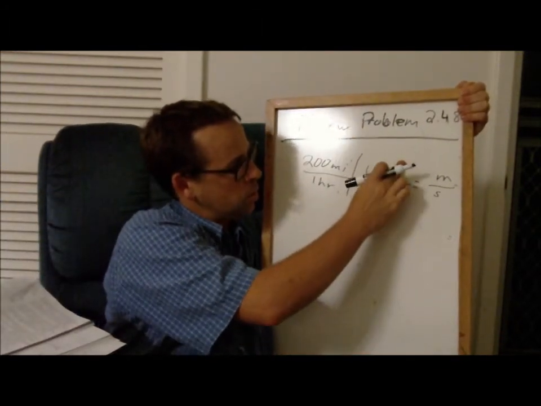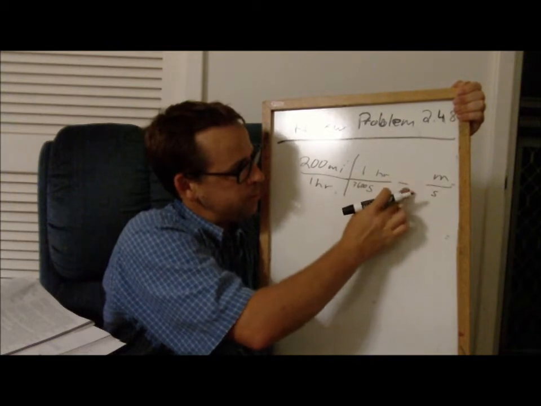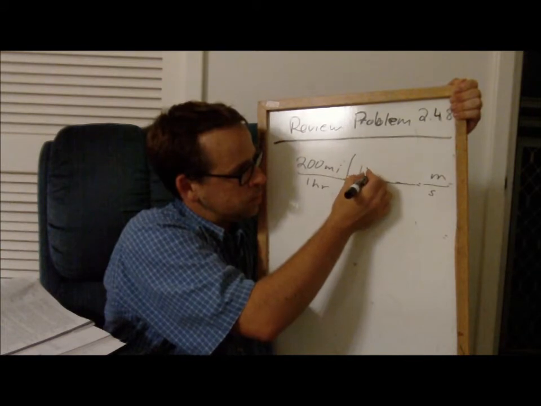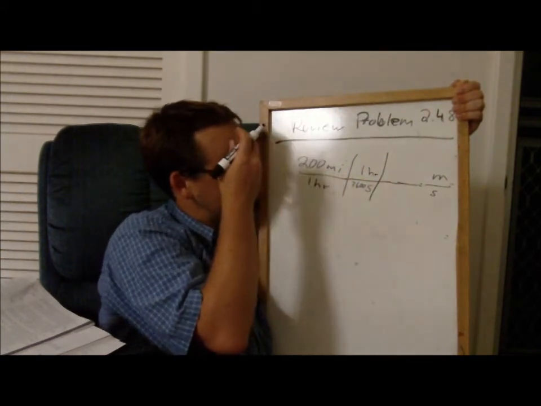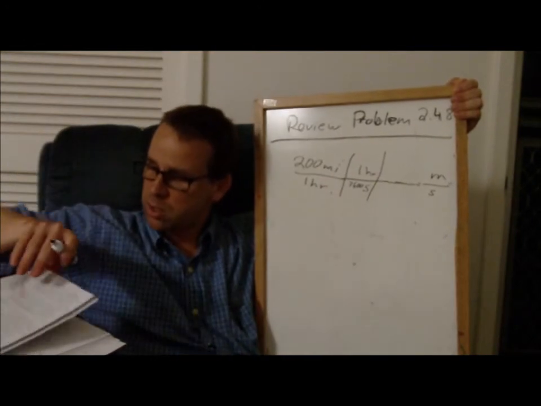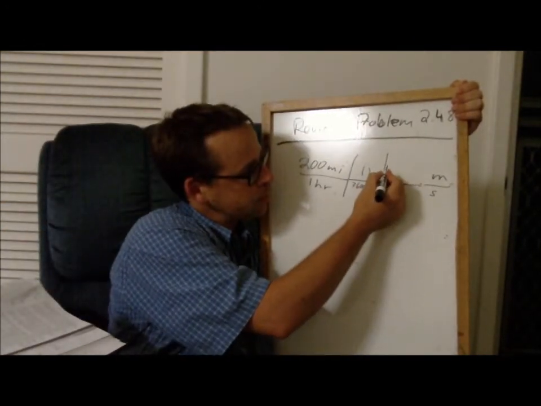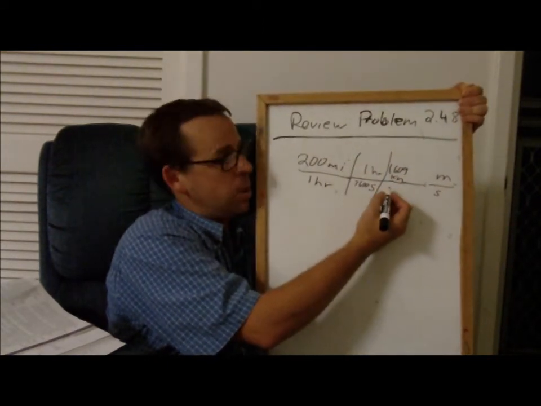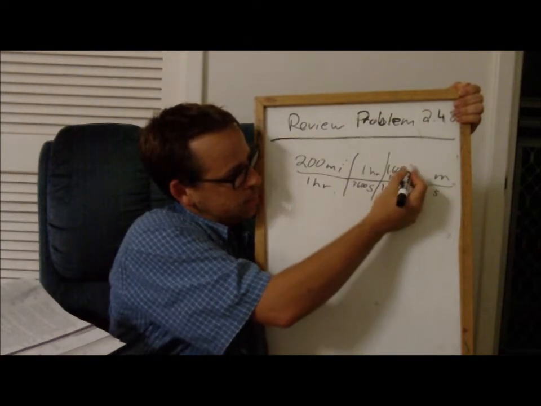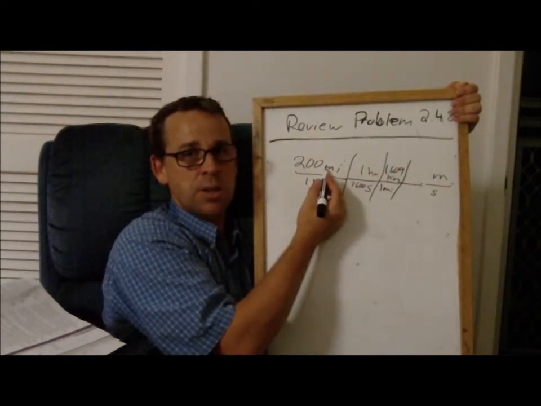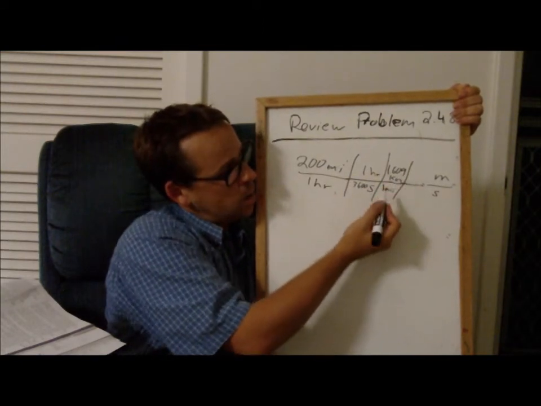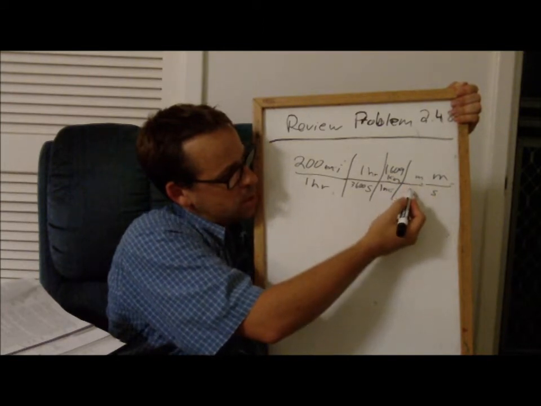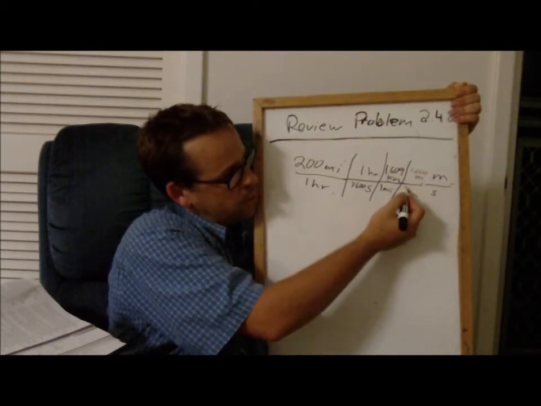So we can give ourselves a little extra room here. 1.609 kilometers for every 1 mile. Miles go on the bottom again because we're trying to get rid of miles. We're in kilometers now, and kilometers go on the bottom. Finally, meters on top: 1,000 meters for every 1 kilometer.